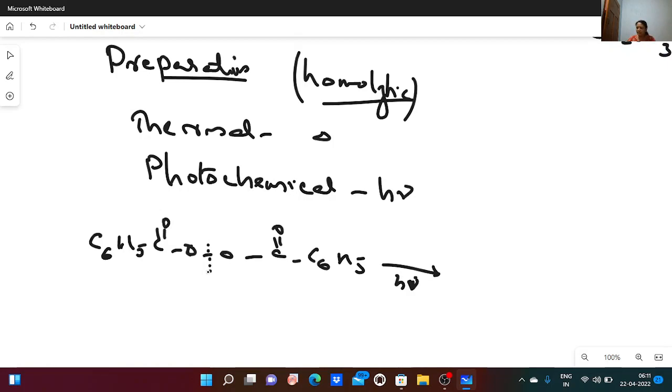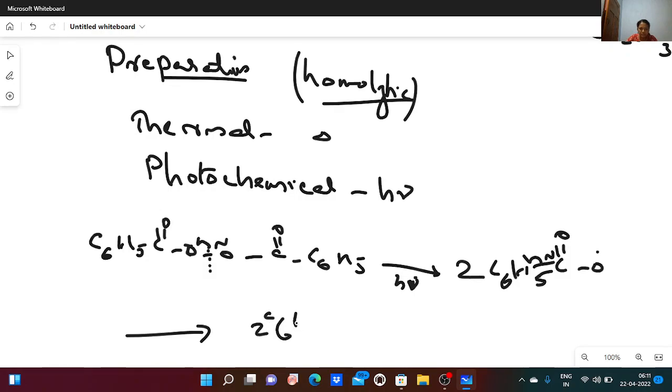You will get two molecules of C6H5CO dot, and this benzoyloxy radical easily undergoes cleavage by elimination of carbon dioxide, here also homolytic cleavage. Then you will get 2 C6H5 dot plus 2 CO2.